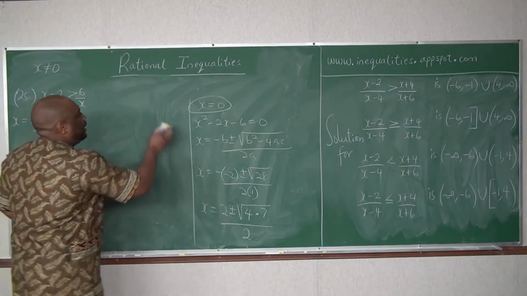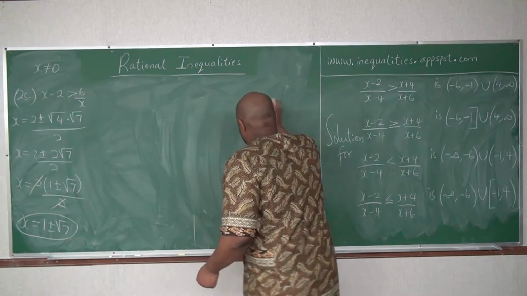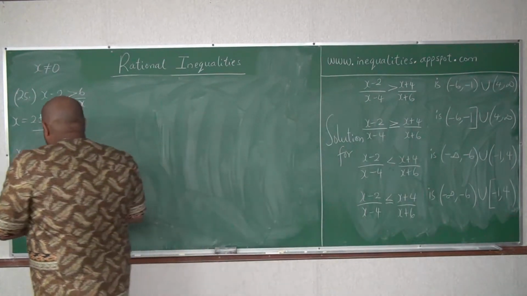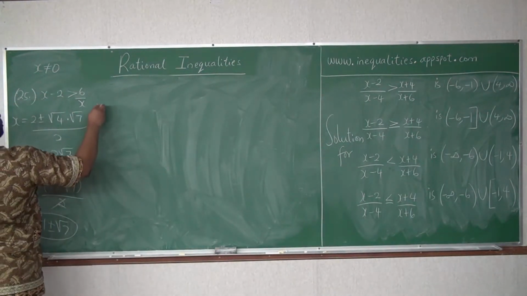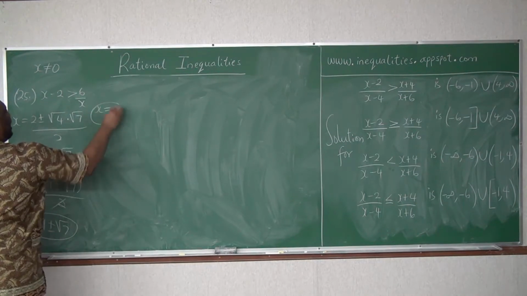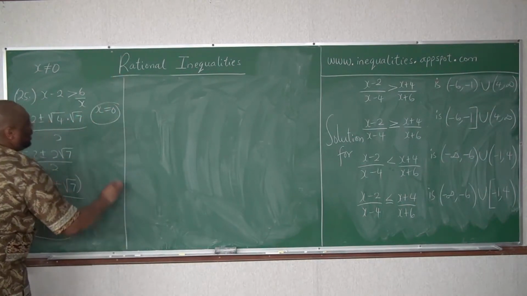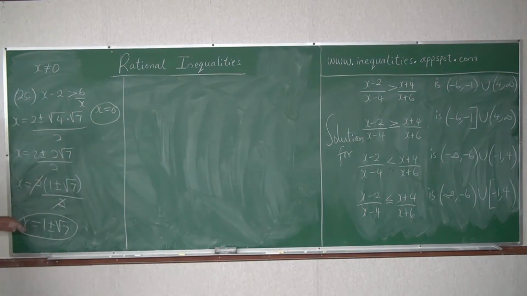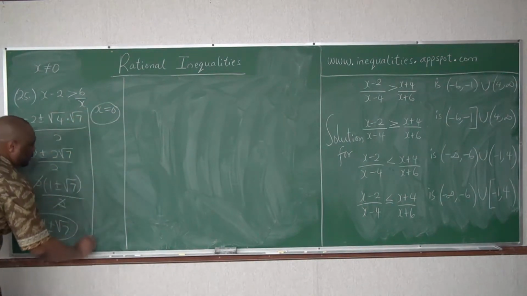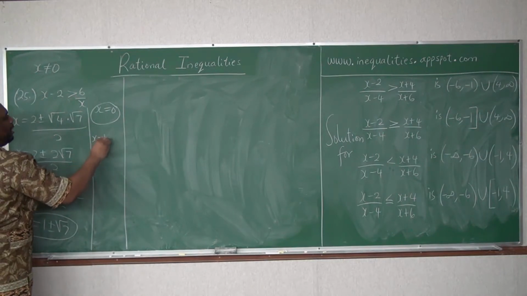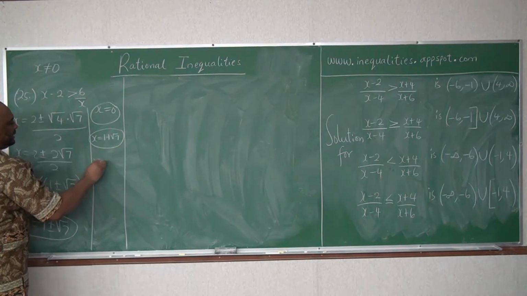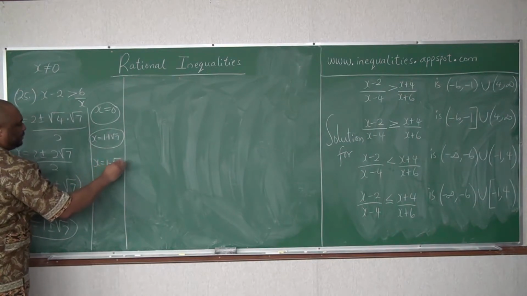Okay, folks. We have our x is 0, our x is 1 plus root 7, and our x is 1 minus root 7.